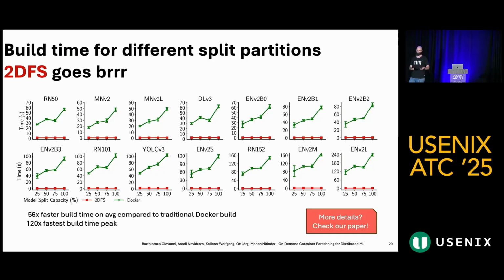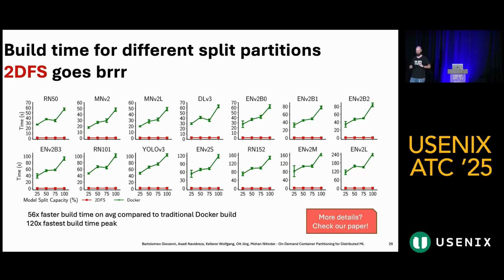So if I have a very beefy machine, like the one used for this experiment, I can fully utilize the hardware to parallelize the build as much as possible. And the gap will be higher and higher depending on how big the model is. So we have an average of 56 times faster build time for these models that we tried, with a peak of 120 times faster build time.